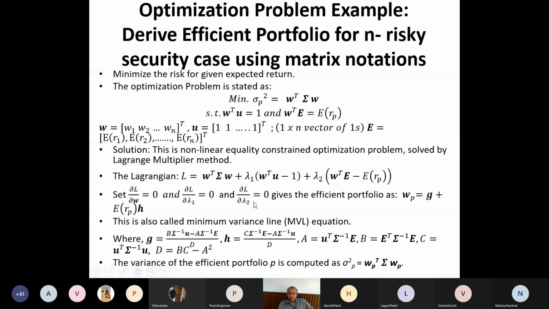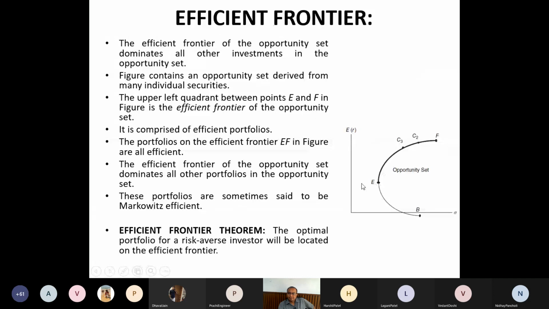Then we derived this equation for this efficient portfolio or efficient frontier for this n security case, and we used the matrix notation, and we arrived at this very important equation, which is called the MVL equation, minimum variance line. So earlier we derived only MVP, the minimum variance point, that is this point E, right? We derived that in the case of the two security portfolio.